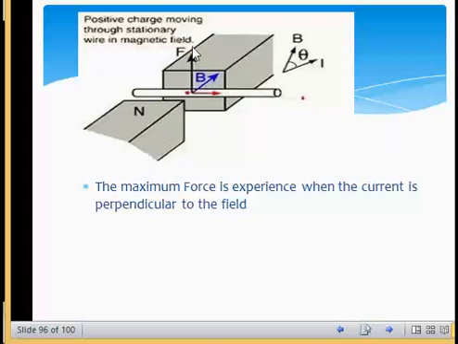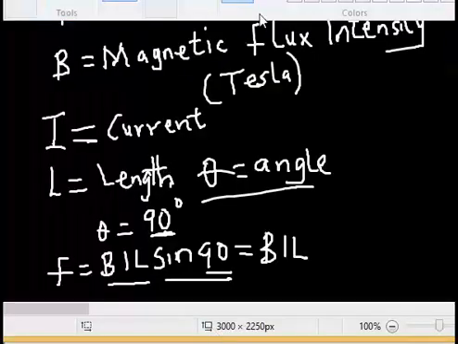Then the force is going to be vertical. So there are perpendicular vectors in this diagram. Whenever you put a conductor carrying current in a magnetic field, you can express three perpendicular vector quantities. They are all vector quantities.